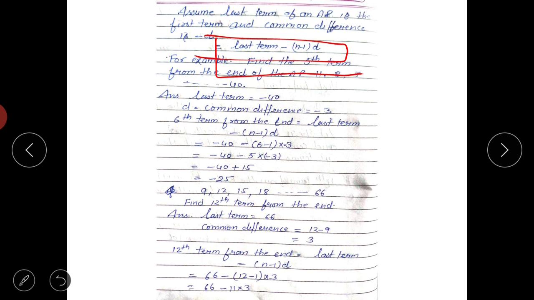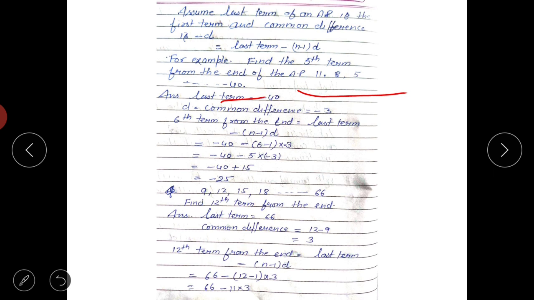For example, find the sixth term from the end of the AP 11, 8, 5 up to minus 40. So considering the last term is minus 40 and the common difference d is minus 3, the sixth term from the end is last term minus n minus 1 into d.